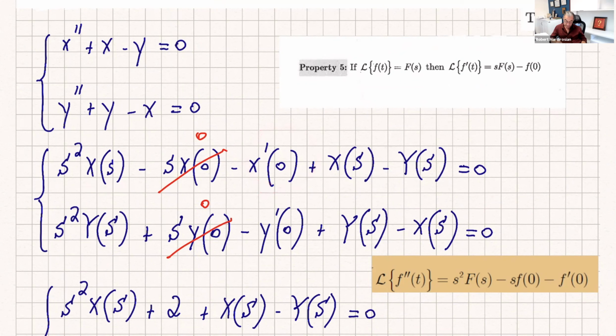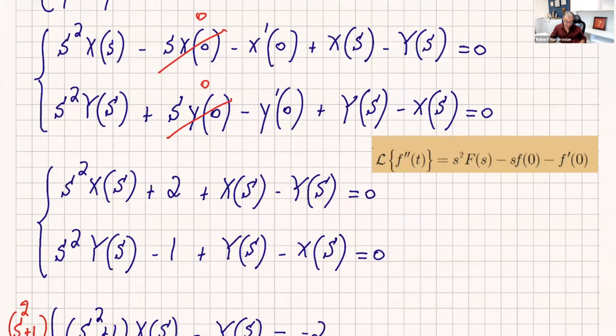And that's plus x, which is x of s, minus y, which is y of s. y double prime can be written as s squared times y of s minus s times y of 0 minus y prime of 0, and that's plus y of s, minus x of s equals 0.